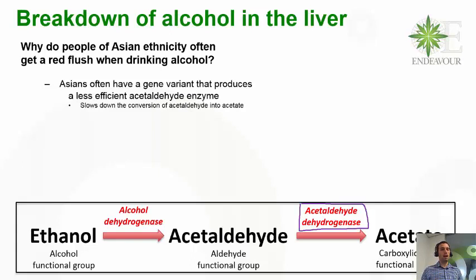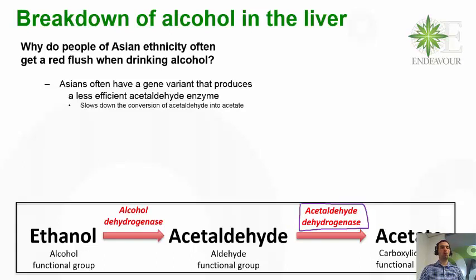So genes actually code for specific proteins. So in this case, there's going to be a gene that codes for the acetaldehyde enzyme, and if an individual has a particular variant of this that is a low efficiency version of that enzyme, it's not going to work as well. So essentially what this does is it slows down the conversion of acetaldehyde to acetate, so that last chemical reaction of the alcohol breakdown process occurs more slowly than it would, for example, in a Caucasian.